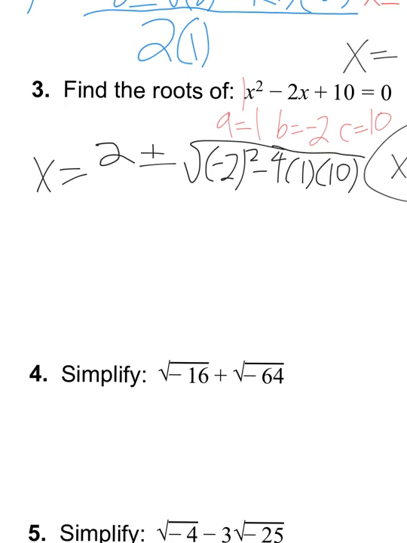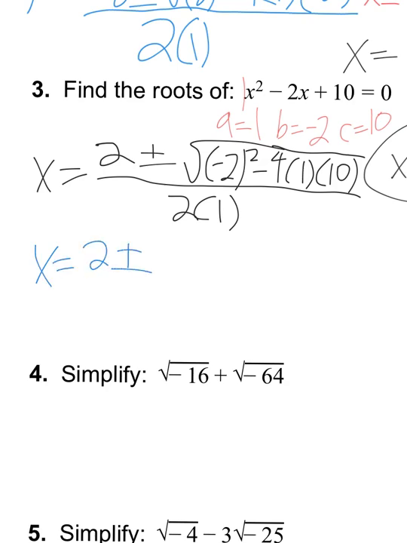All that's under the square root over 2a, so 2 times 1. And so I have x equals 2 plus or minus, and then we got negative 2 squared, that's 4, minus 4 times 10 is minus 40, so you have 4 minus 40, that's negative 36.